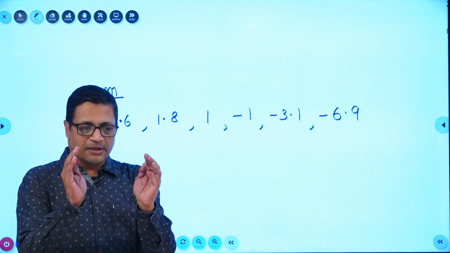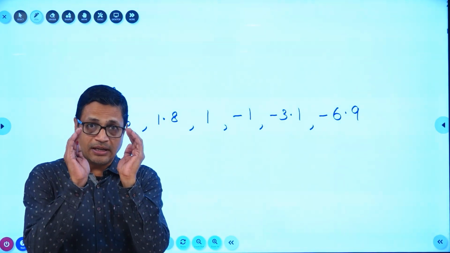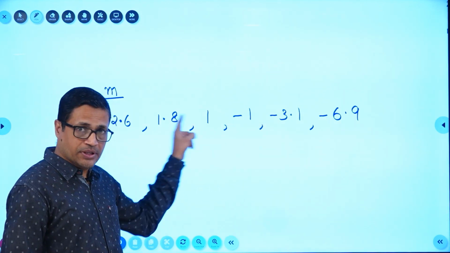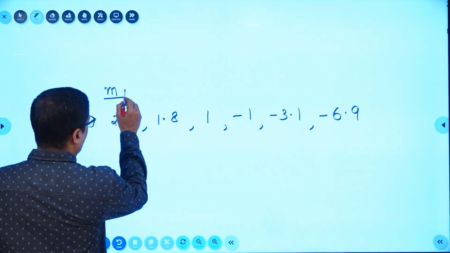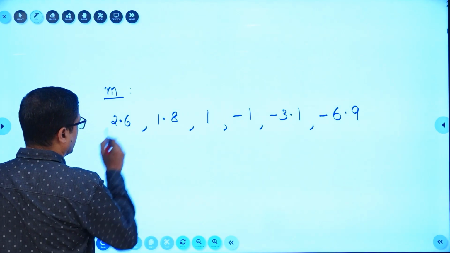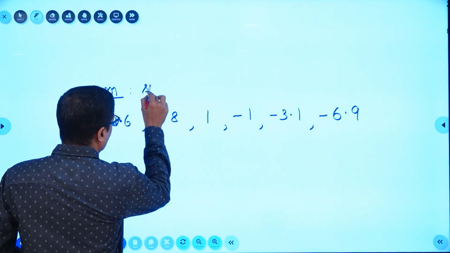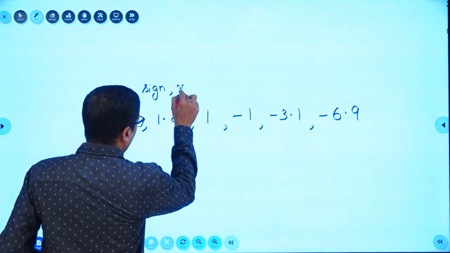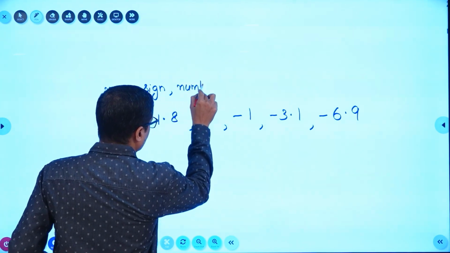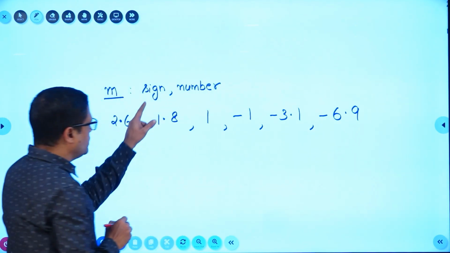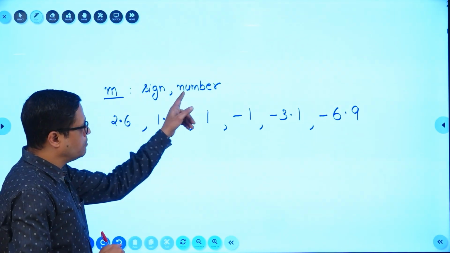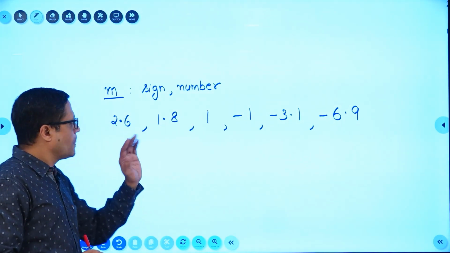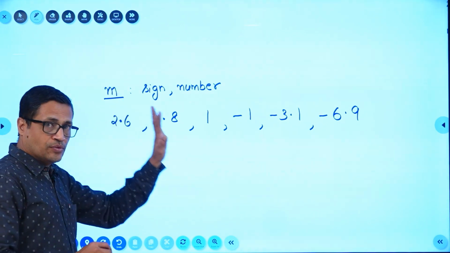Magnification should never be seen as one particular quantity when you look at these numbers. Magnification always has two aspects to it. One is a sign and the other one is a number. Sign should be considered separately, number should be considered separately. Sign has got its own importance.